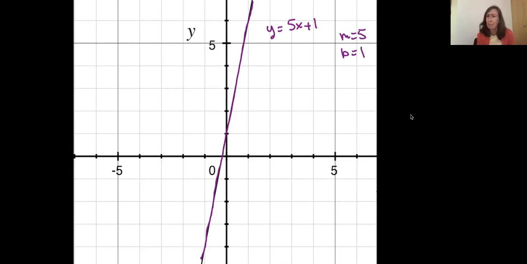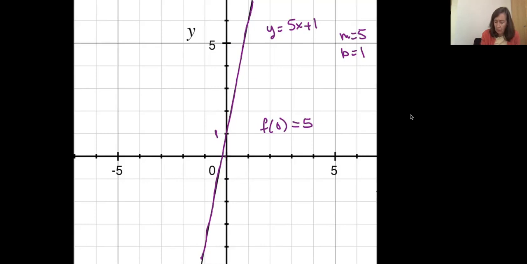Well, b is kind of the easy one to check. I'm asserting that b is where the line hits the vertical axis, and indeed it does hit it right down here at 1. That makes sense, because what's going on at the vertical axis? That is the value where x equals 0. So f of 0, where x equals 0, we're not going any direction on the horizontal axis.